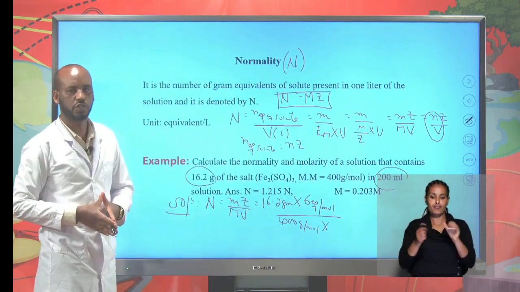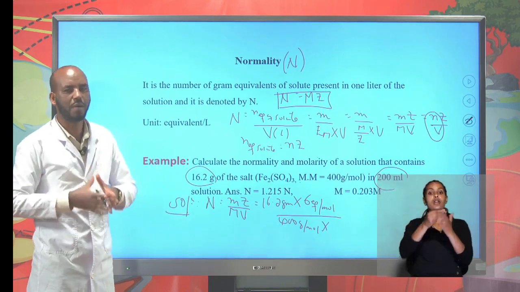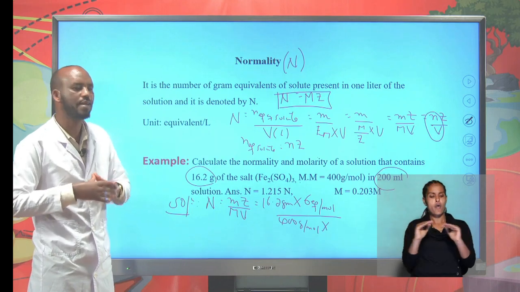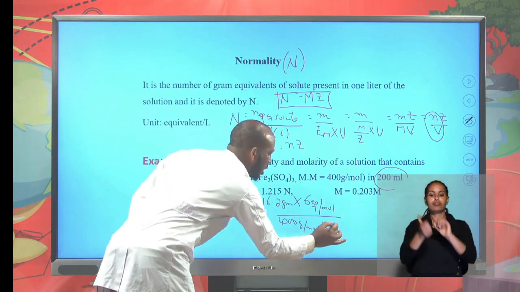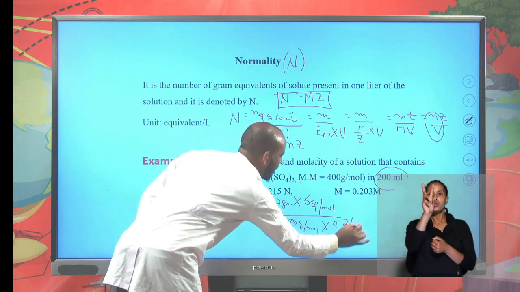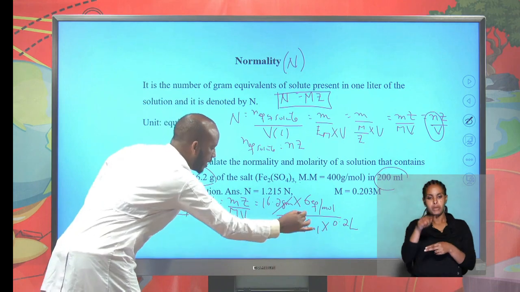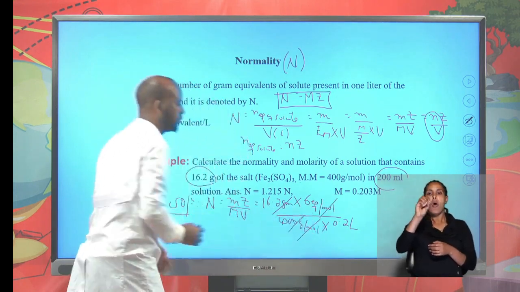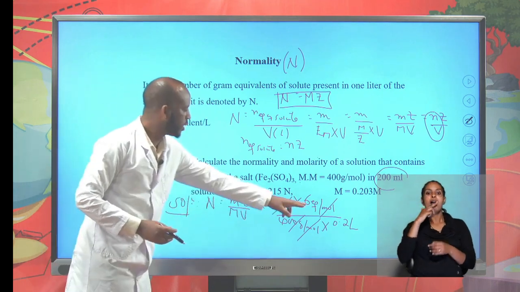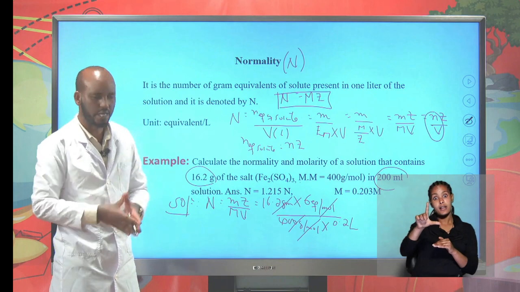This must be converted into liters because the unit of normality is equivalent per liter. 200 milliliter in liters is 0.2 liter. Gram will be cancelled by gram. Mole will be cancelled by mole. We are left with equivalent per liter, which is the unit of normality.